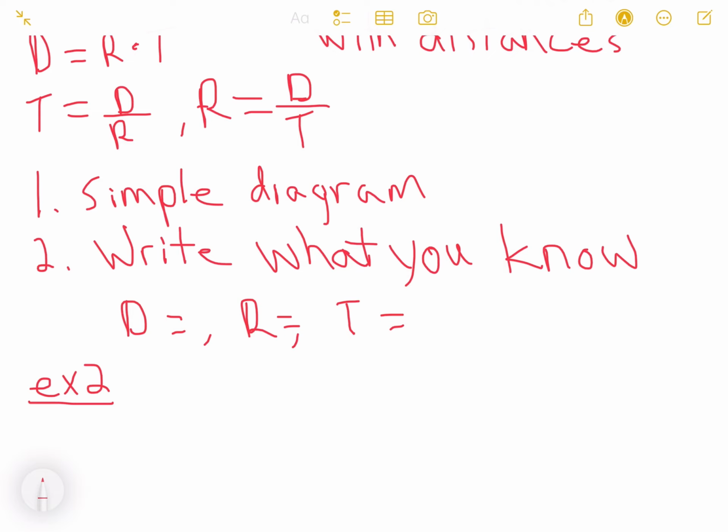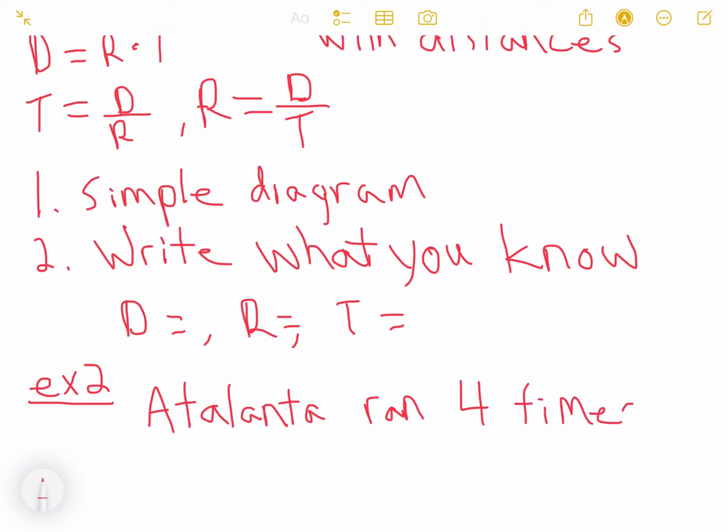Okay, so this is an interesting name anyway, but anyway, Atalanta ran 4 times as fast. So what does that mean? Well, it means that she ran faster, 4 times as fast.